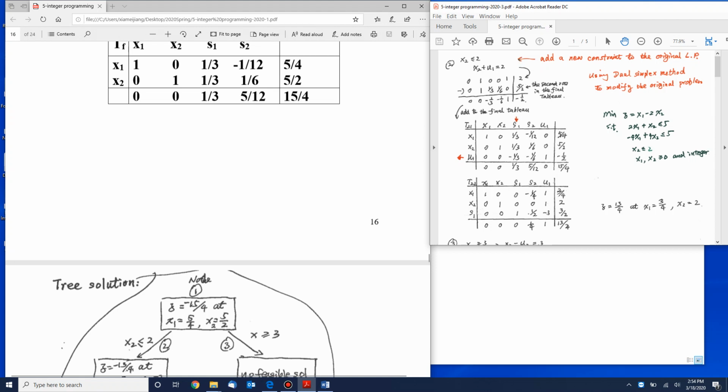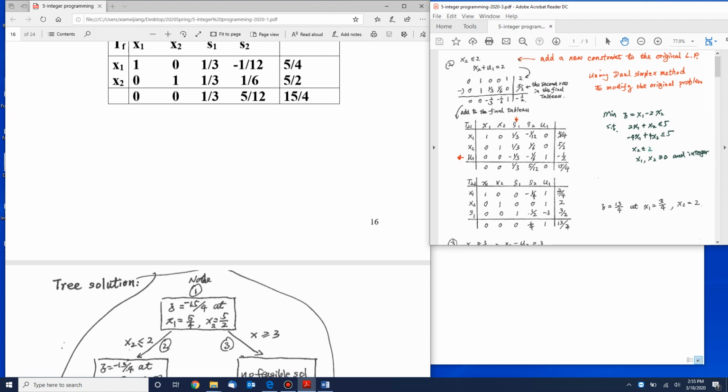Now we just want x2 to disappear in the new constraint. Then we get 0, 0, minus 1/3, minus 1/6, and then 1, minus 1/2.